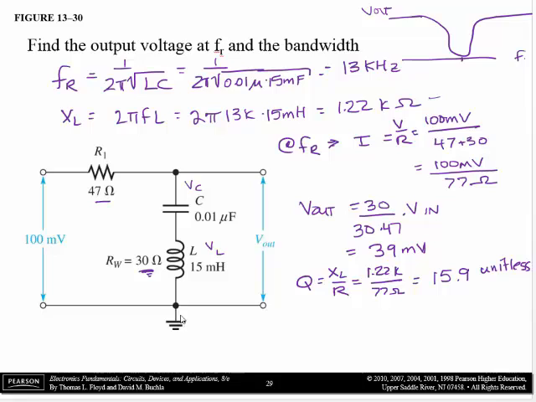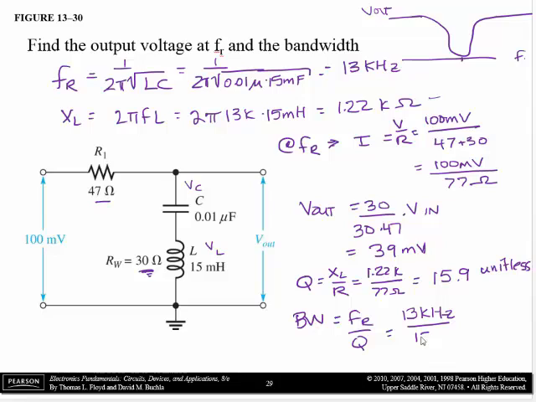And then we can find bandwidth. Bandwidth of the stop band in this case is FR over Q, and that equals the resonant frequency, 13 kHz, divided by 15.9. Oh, by the way, your book has a mistake on this.